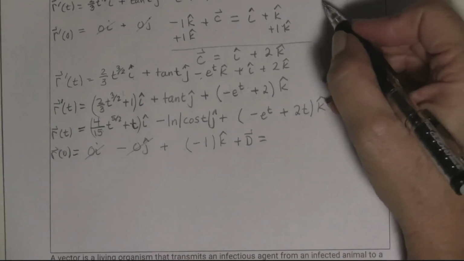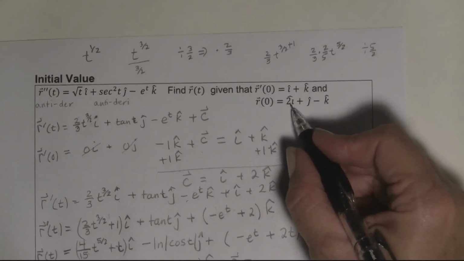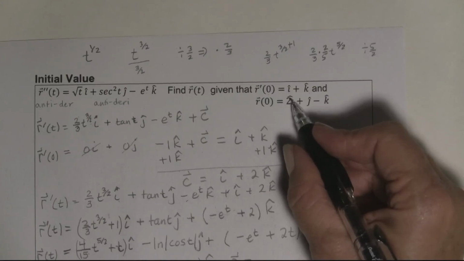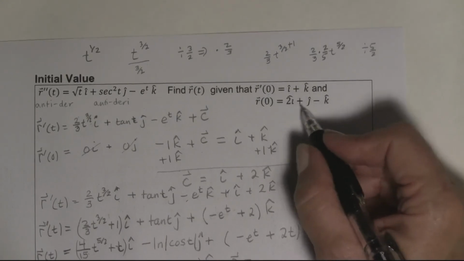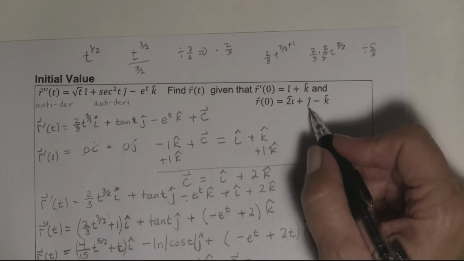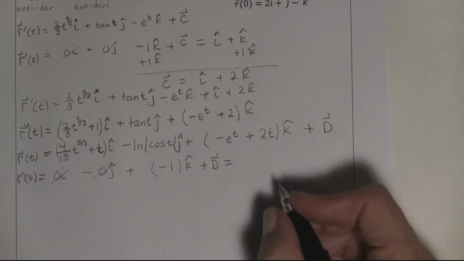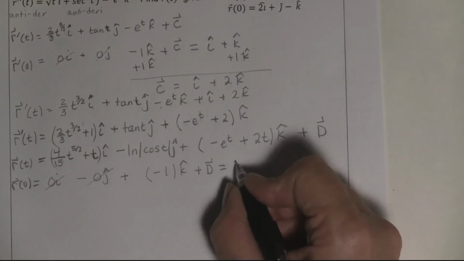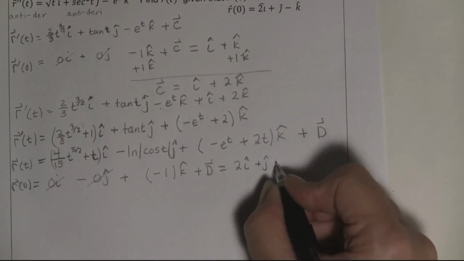equals, well, what did they say it was equal to? Back up here, right? That's a little typo. That little hat is not only on the i, not on the 2, but it grew when I typed it in there, and I apologize. It'll be something I fix for the real students I have next semester. And so this is 2i plus j minus k.